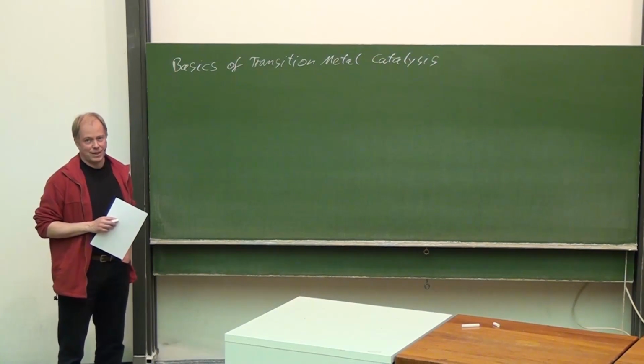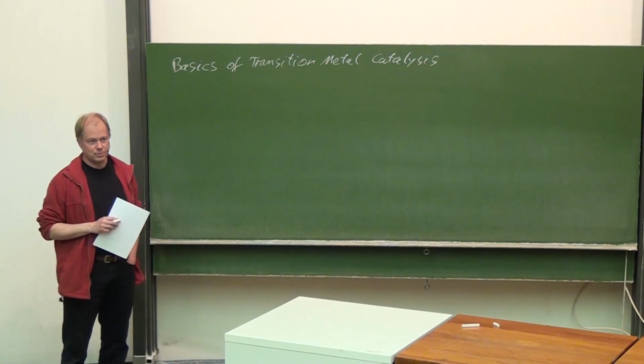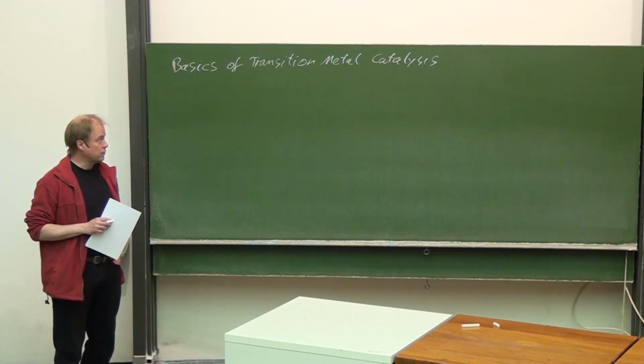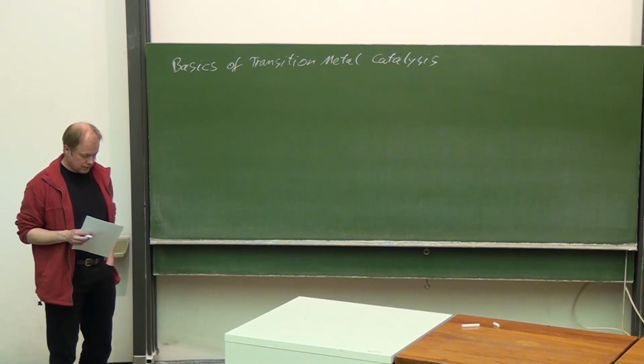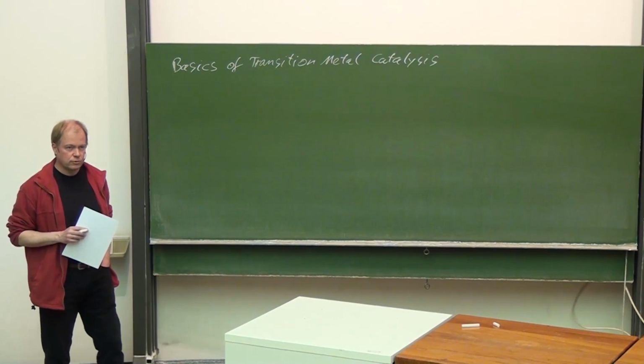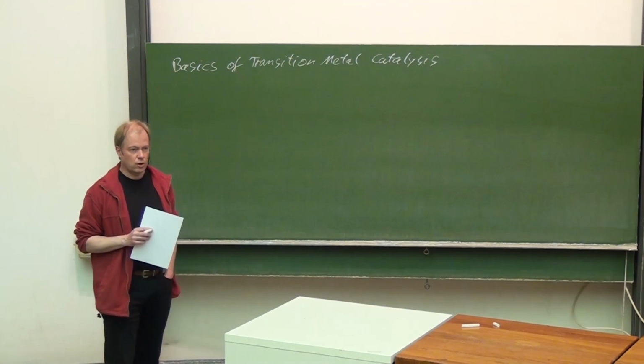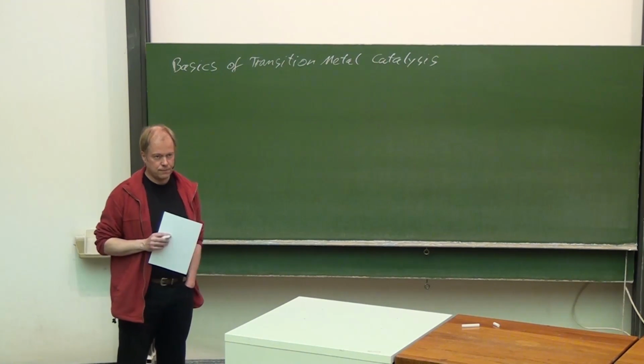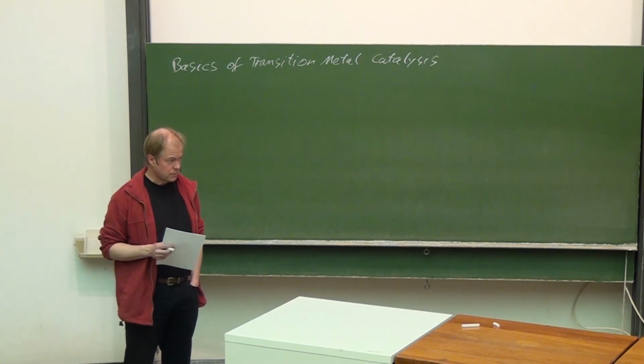Welcome to the second part of catalytic organometallics. The subject of today is the basics of transition metal catalysis, and we will start with the electron configuration of generally catalytically active complexes.